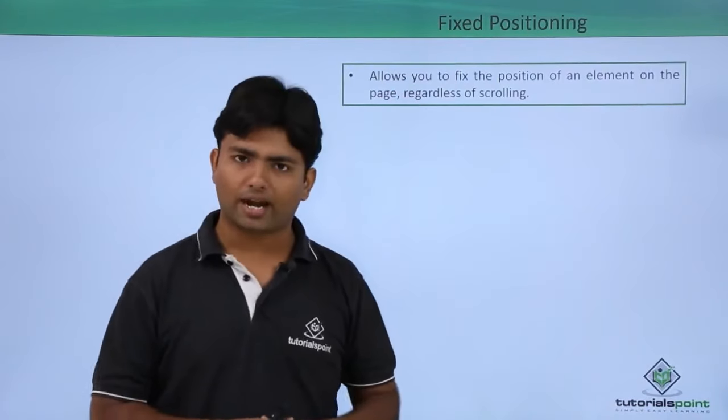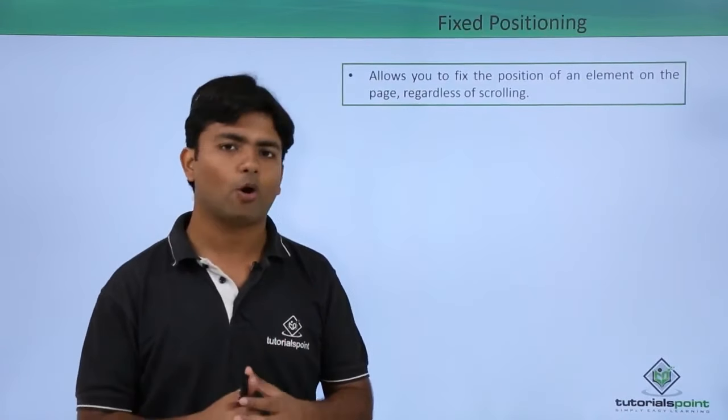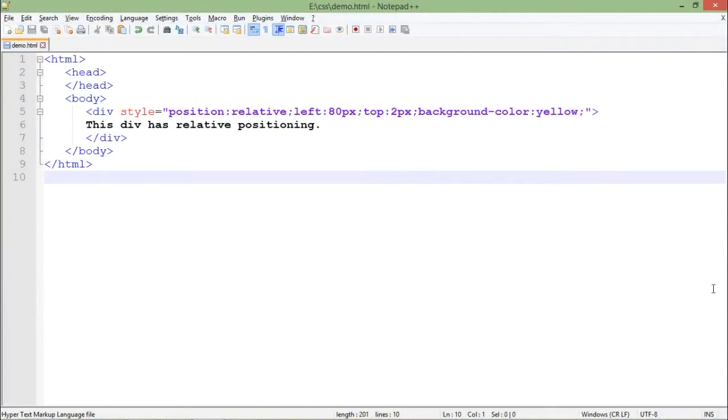So let's see a quick practical implementation of all the 3 available positioning options. Here in this example I have taken a div in which I have used the position attribute with the value relative. So this one is the relative positioning with left 80 pixels and top 2 pixels.